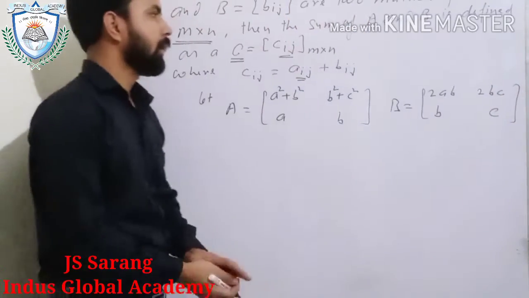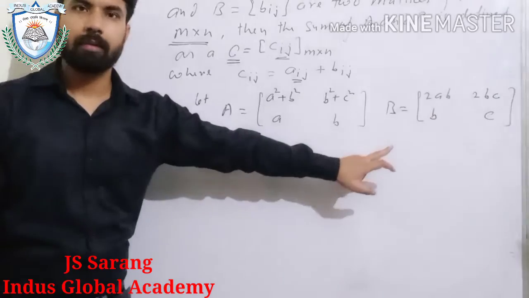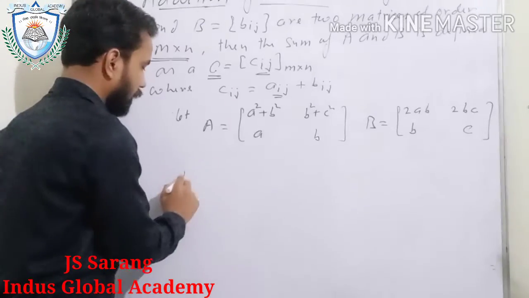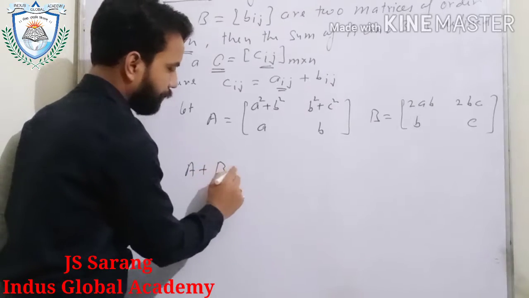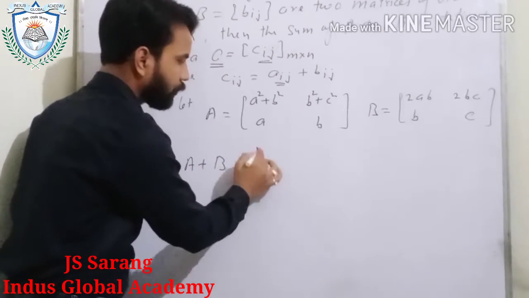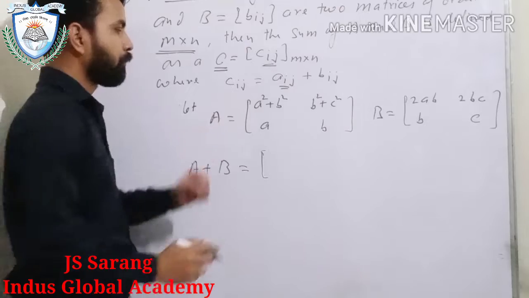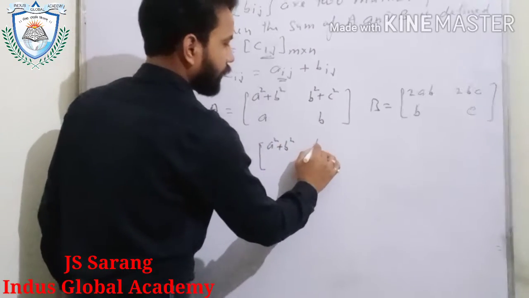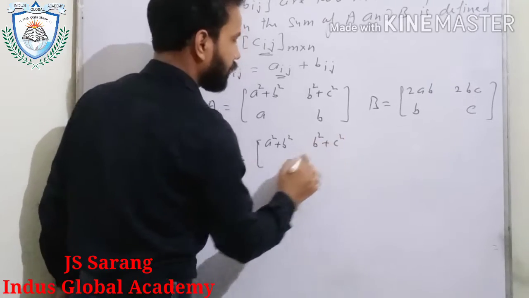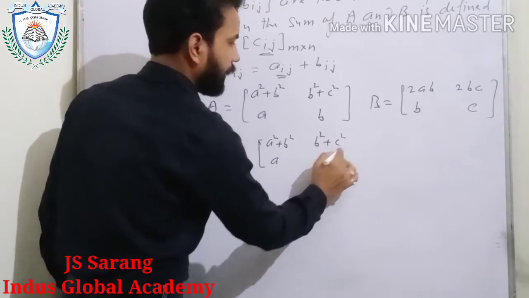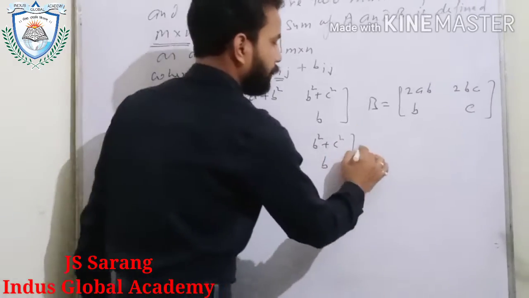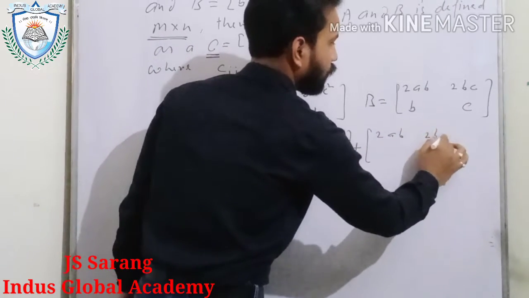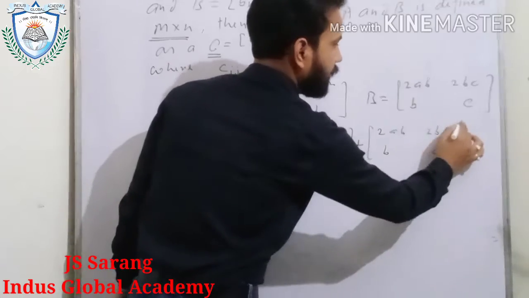Suppose that these are two matrices and we want to add them. So what can we do? Very simple. A plus B is equal to, first we note the A matrix: A square plus B square, B square plus C square, A and B, and B. The second matrix is 2AB, 2BC, B and C.